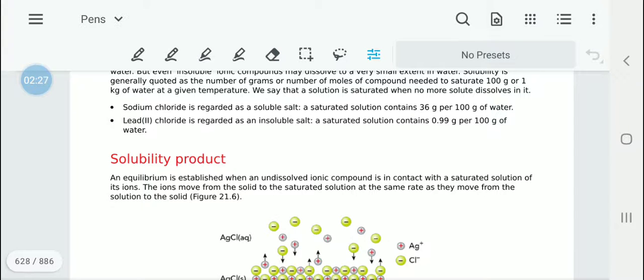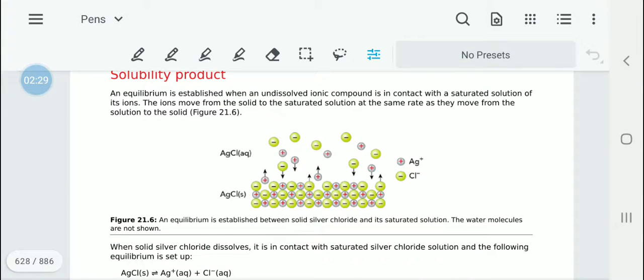Then we learn about solubility product. When there is an ionic compound that is dissolved in water, and when it has reached the saturated point, there will be undissolved ionic compound in contact with the saturated solution.